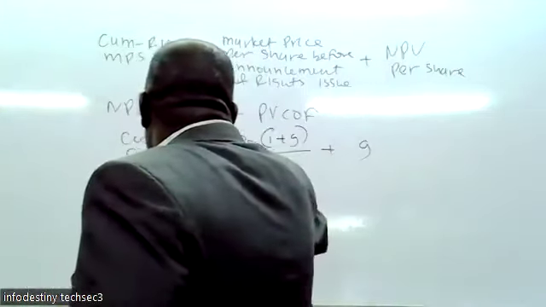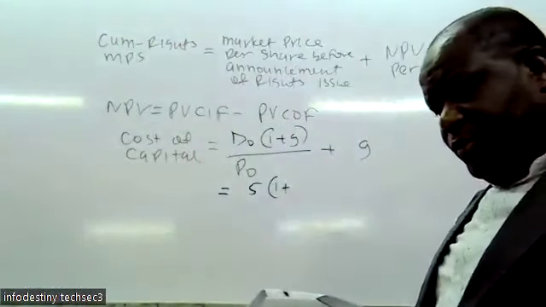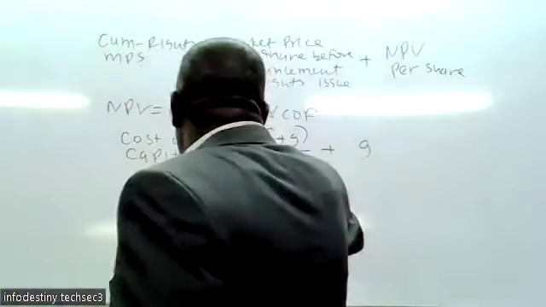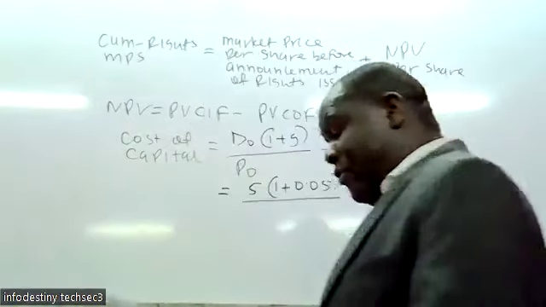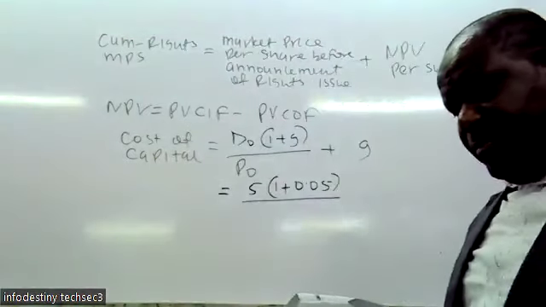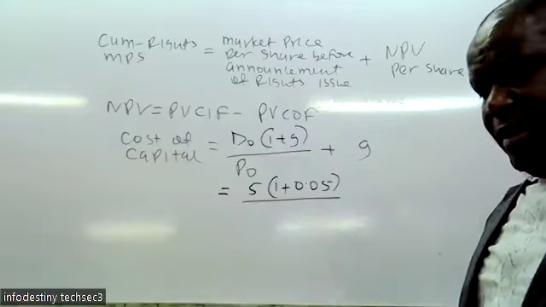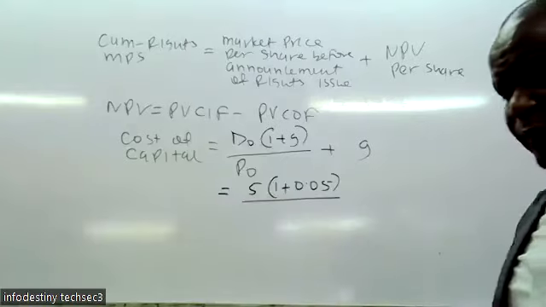So 5, and the growth rate was given as 5%, which is the same as 0.05. We divide by P0, the current market price. When you check in the first paragraph, they say that the company has 1 million ordinary shares trading at 49.50.